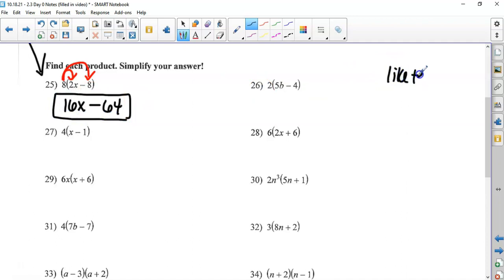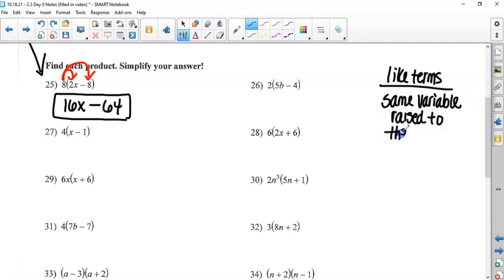Like terms: same variable, raised to the same power. So 64 doesn't even have x associated with it, so you definitely can't combine those guys.